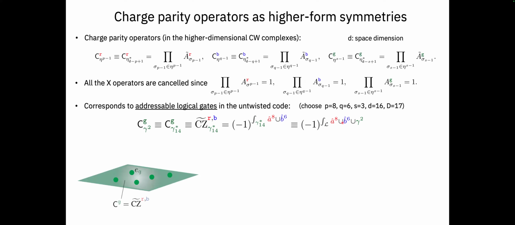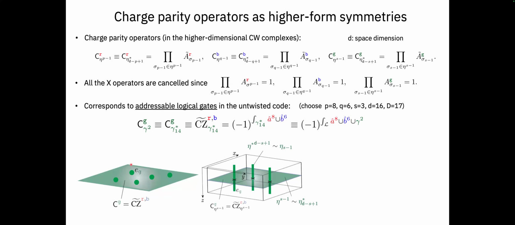In the two-dimensional manifold case, you only have a single zero-form global symmetry. That is a single CZ operator acting on copies R and B, red and blue ones, and supported on the entire manifold. So this is the usual two-dimensional case. But now we are going to a higher-dimensional, 16-dimensional manifold. We can have many 14-dimensional cycles, and each of them will count the charge penetrating them.